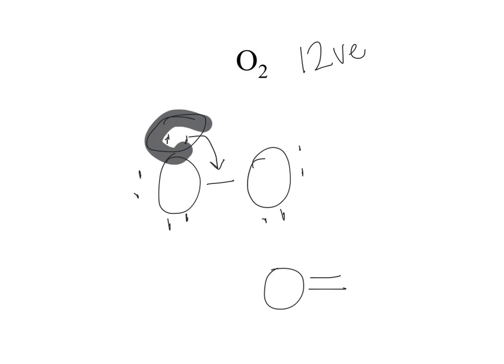So we're going to have a double bond between our oxygen. 1, 2, 3, 4. 2, 3, 4. So each are now happy because they've got 2, 4, 6, 8 that they're sharing. And we have 1, 2, 3, 4, 5, 6, 7, 8, 9, 10, 11, 12. So we have our valence electrons all accounted for.